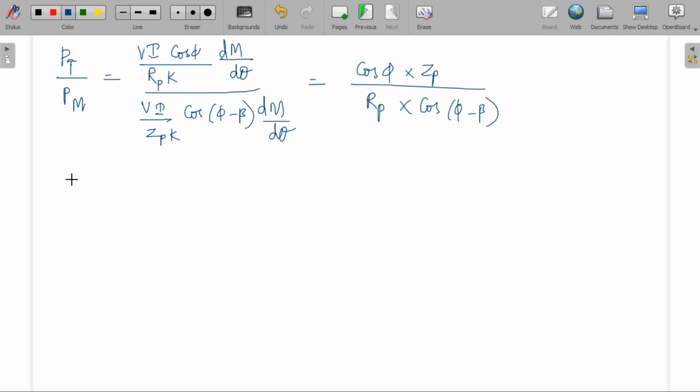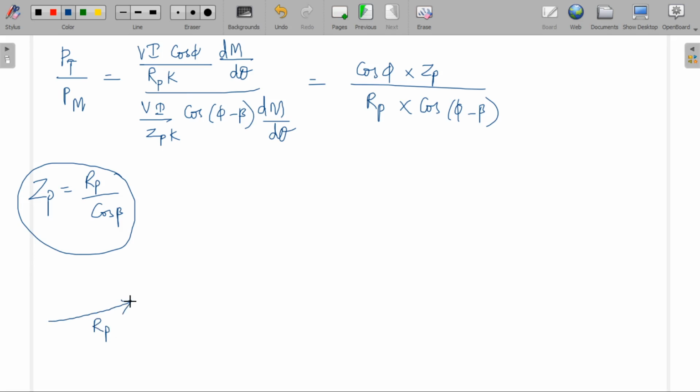We know Zp is equal to Rp by cos beta. From the impedance triangle, you can draw the triangle with Rp, Xp and Zp, and the angle between Rp and Zp is beta.